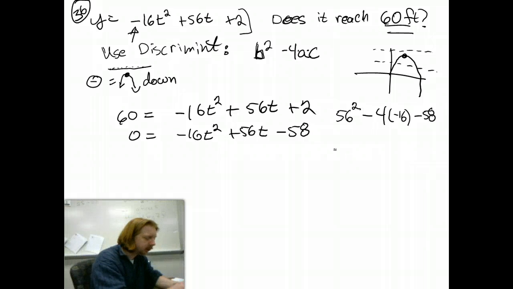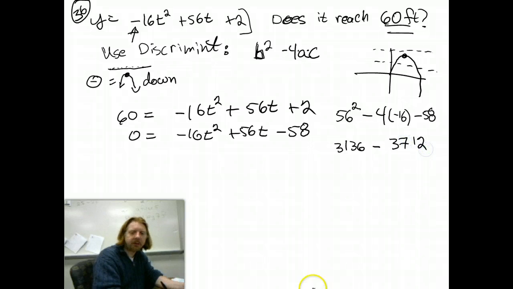Let's see, 56 squared is 3136. Minus 4 times 16 times 58, 3712. That's going to give me a negative number.